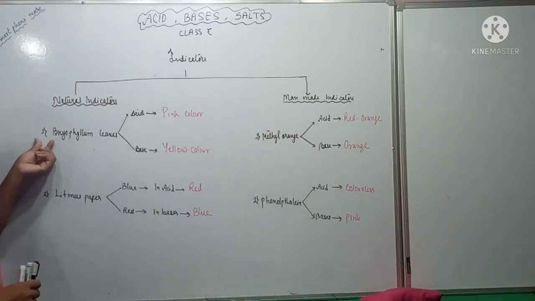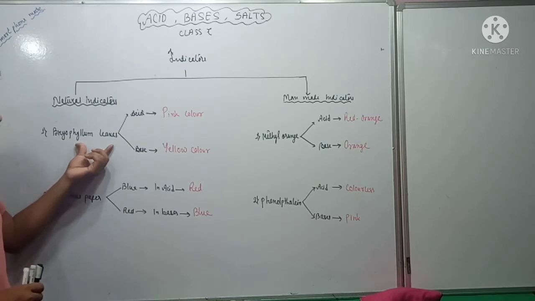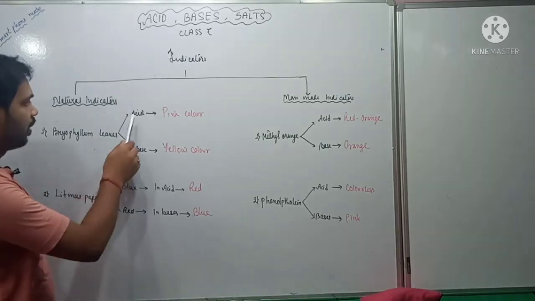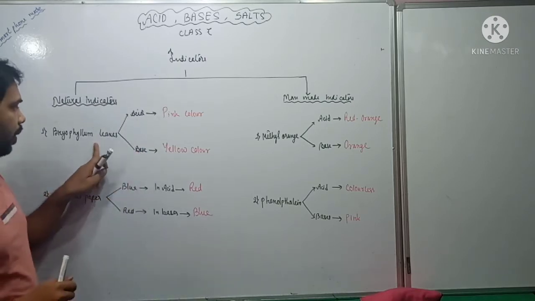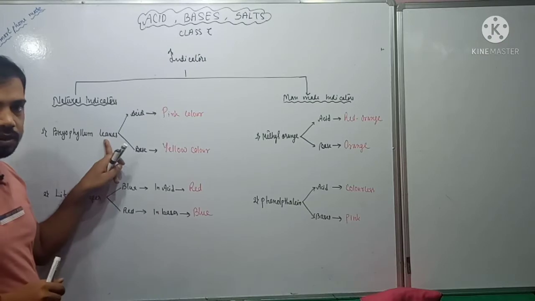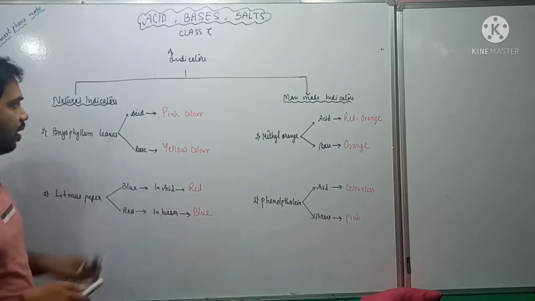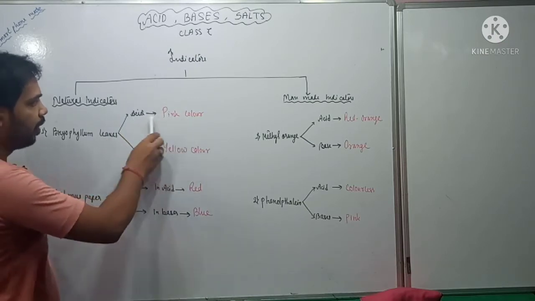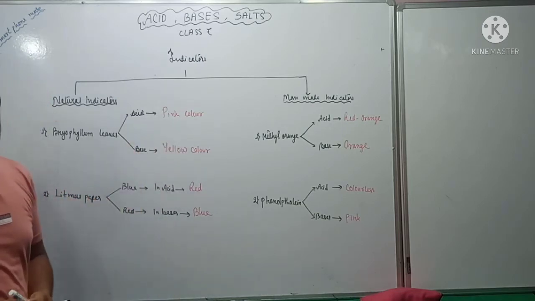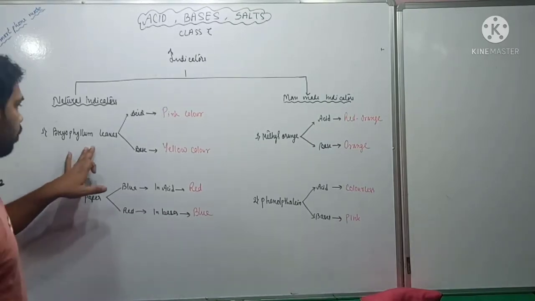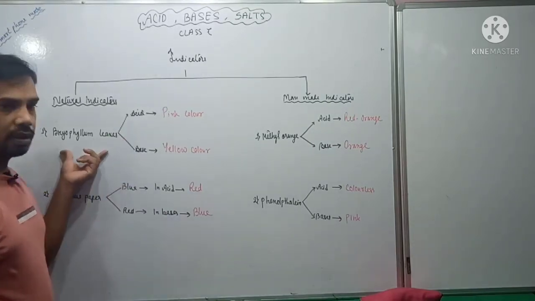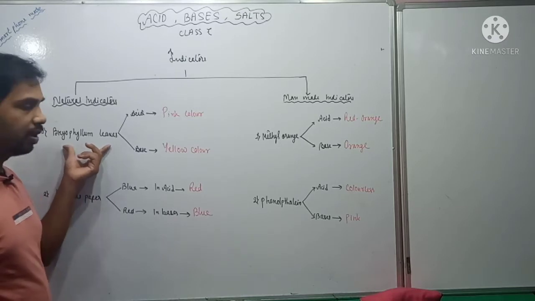Now our first natural indicator is bryophyllum leaves. When you make a paste or solution of these leaves and put it in acid, it will turn pink in color. So with bryophyllum leaves, you first have to extract a colorless solution of these leaves.